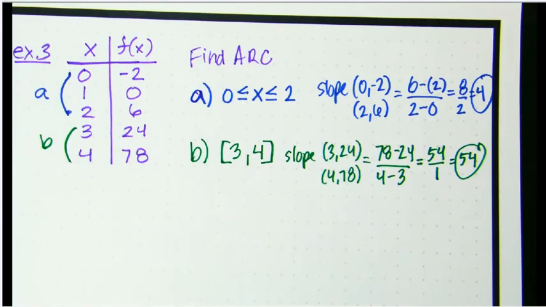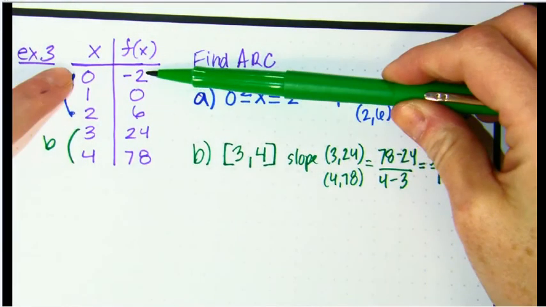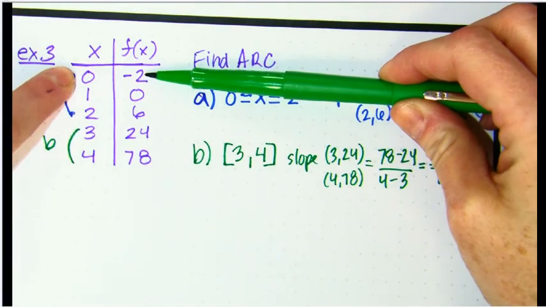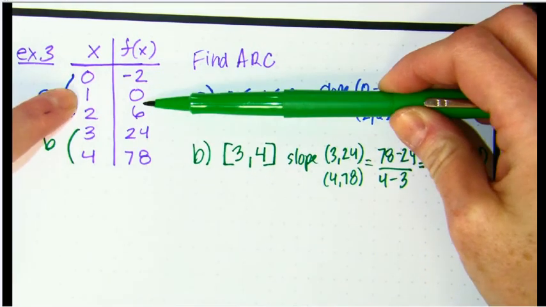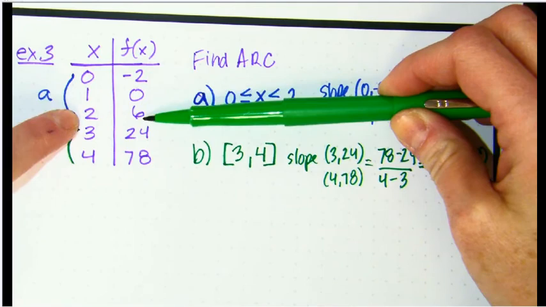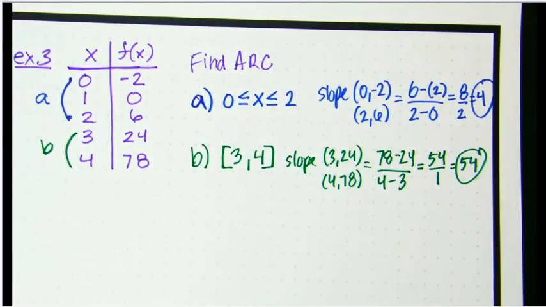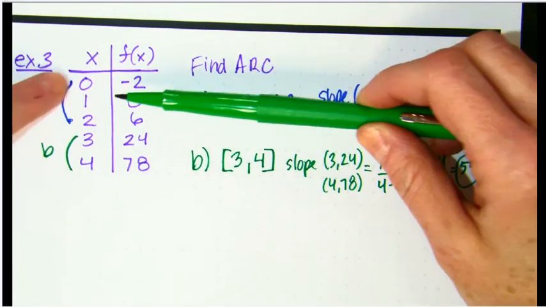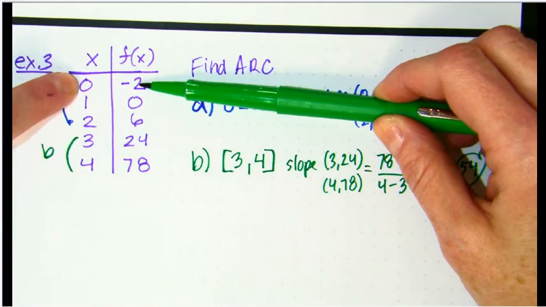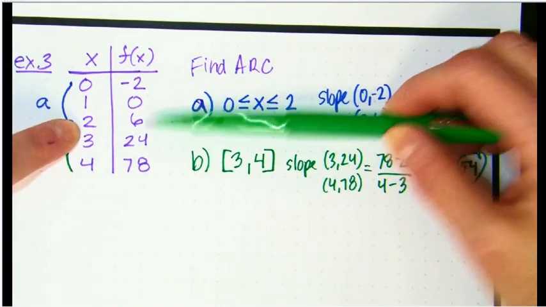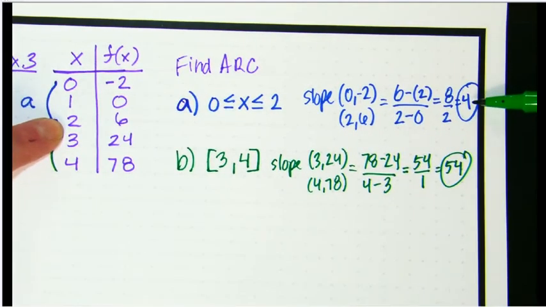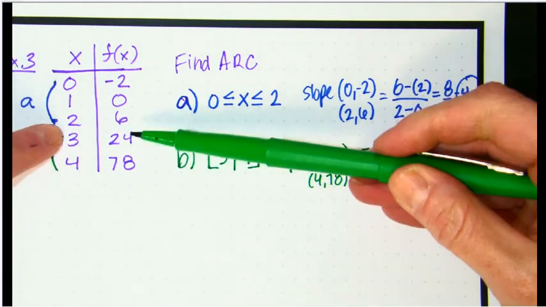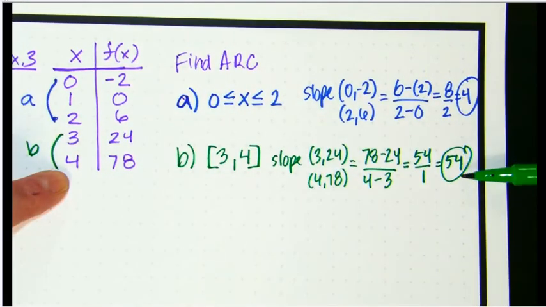Your bank account is growing because you have stocks or whatever it is, and you started off with negative $2 in your bank account, and each day you tracked how much money you had, right? So from your initial amount to the second day, you had a growth of 4, but from the third day to the fourth day, it was 54.